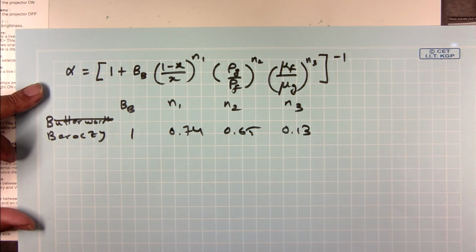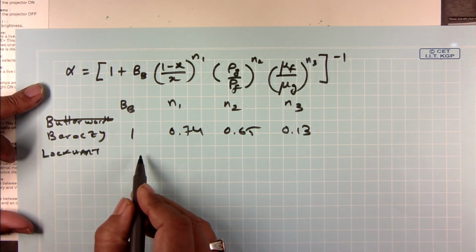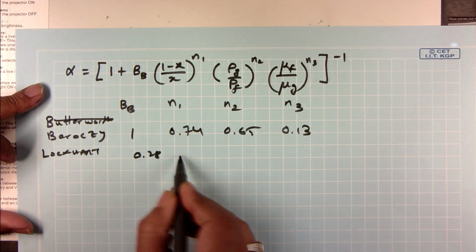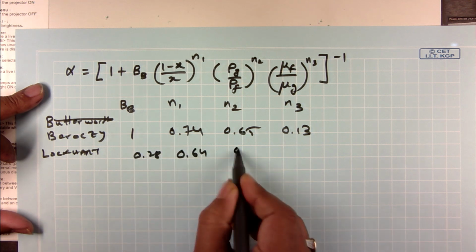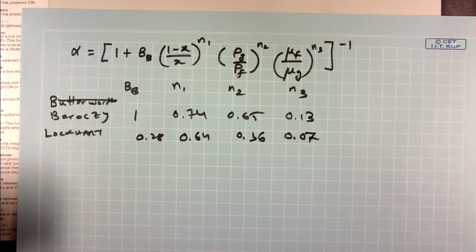And if you believe Lockhart and Martinelli, Lockhart gave these to be 0.28, 0.64, 0.36 and 0.07. These guys did experiments under different conditions, under different diameters of tubes, and came up with different numbers.